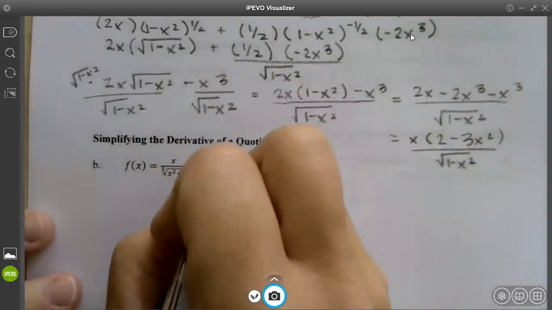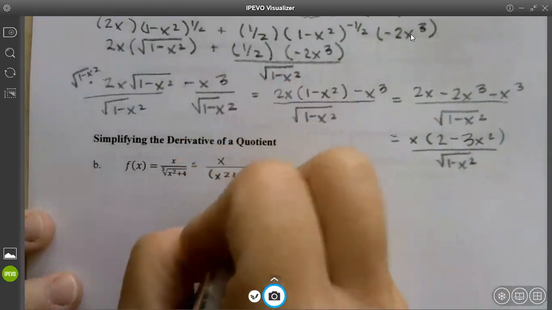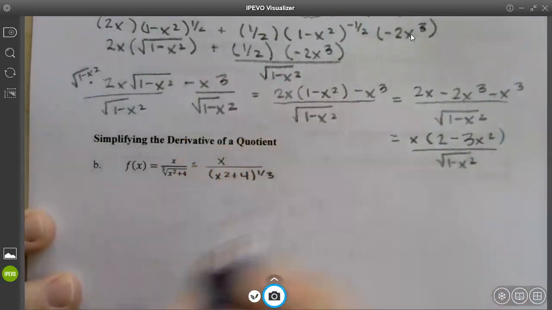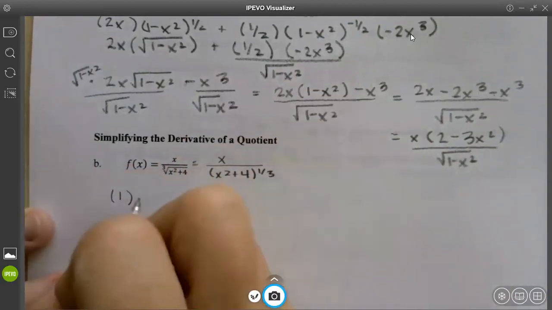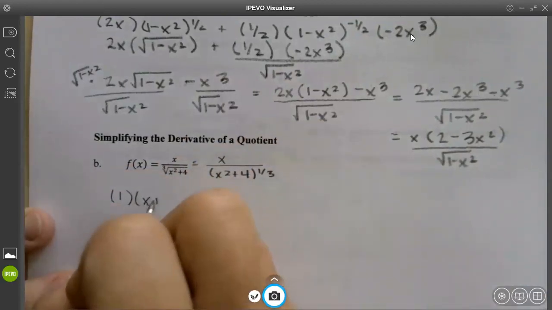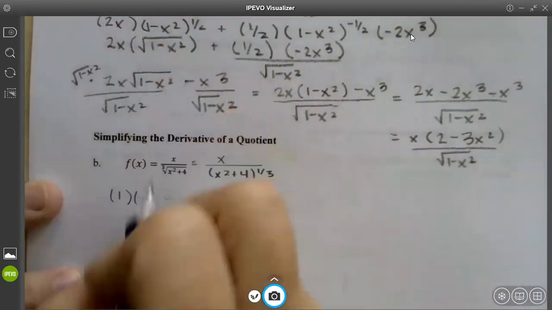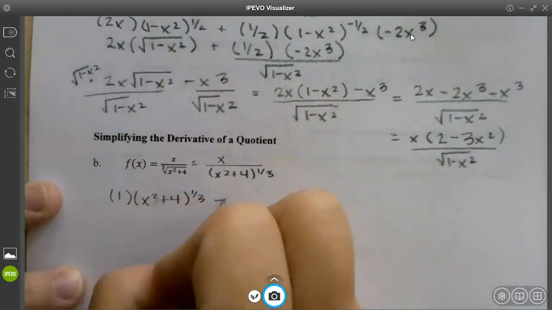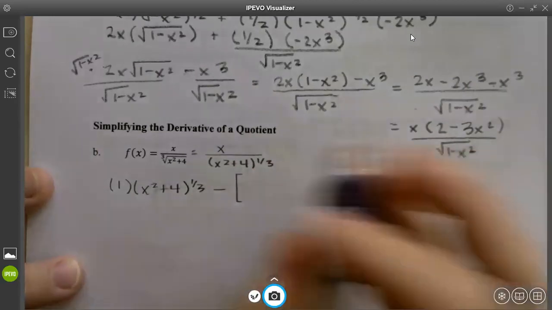All right. I'm going to fix the bottom though real fast. Derivative of the first one is going to be 1 times the bottom minus the derivative of the bottom is what?